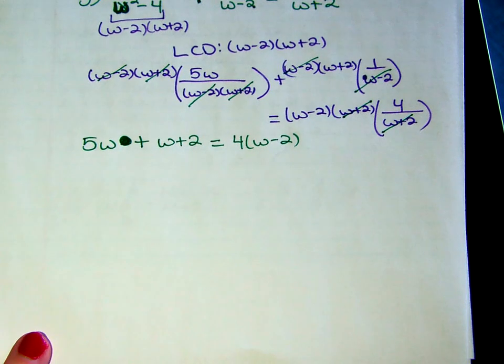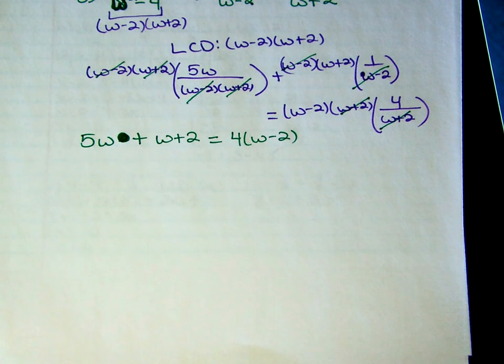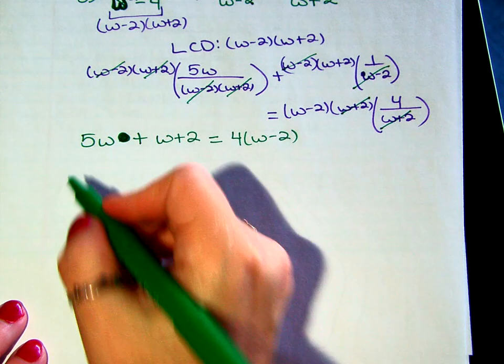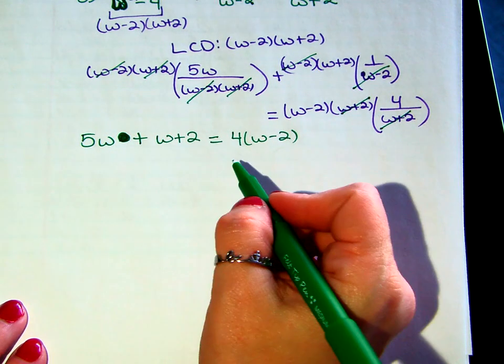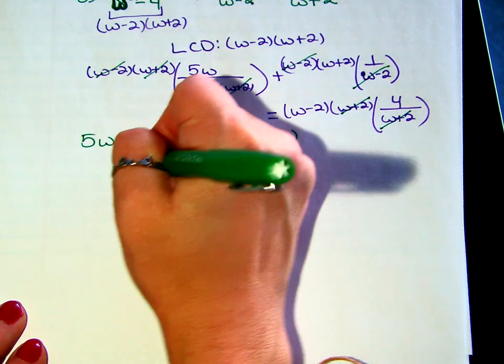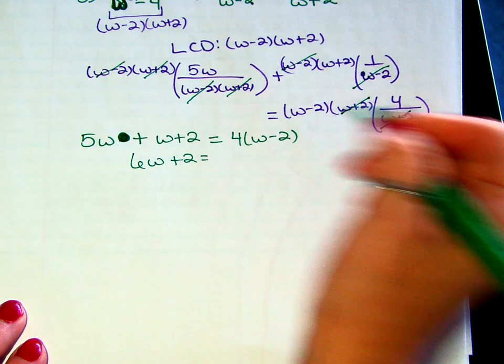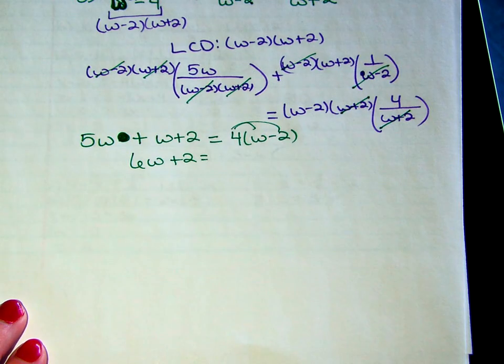We still have some work to do, but it's not as complicated as you think it's going to be because we don't have to do lots of foiling and factoring. On the left-hand side, I'm just going to combine my like terms so that I have 6w plus 2. On the right-hand side, I'm going to distribute my 4. So 4w minus 8.